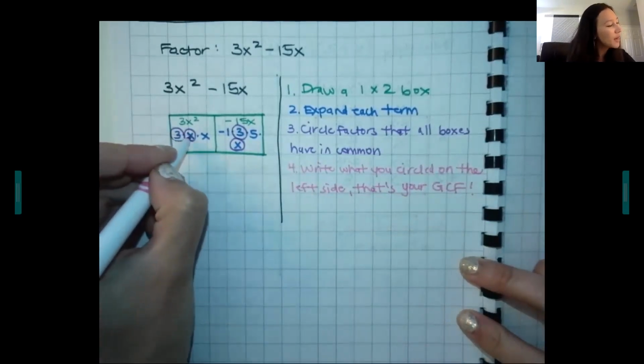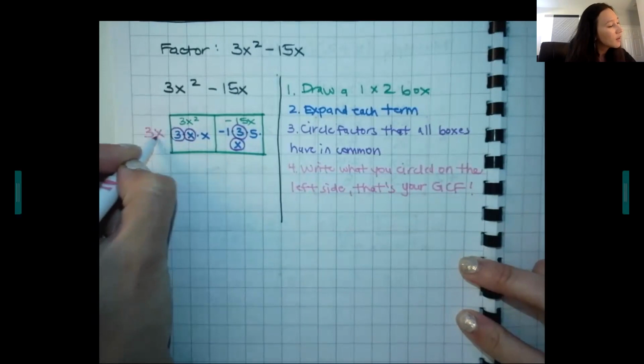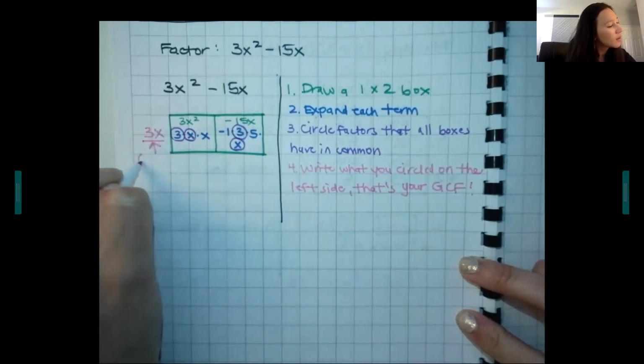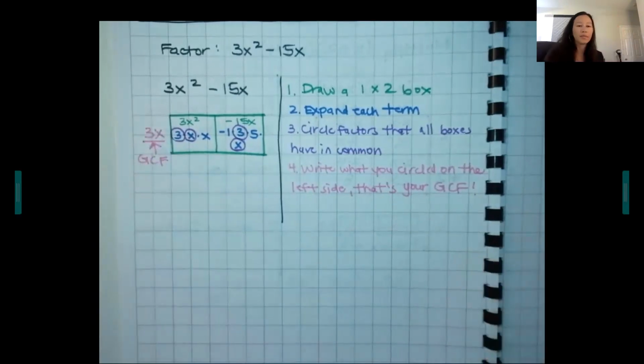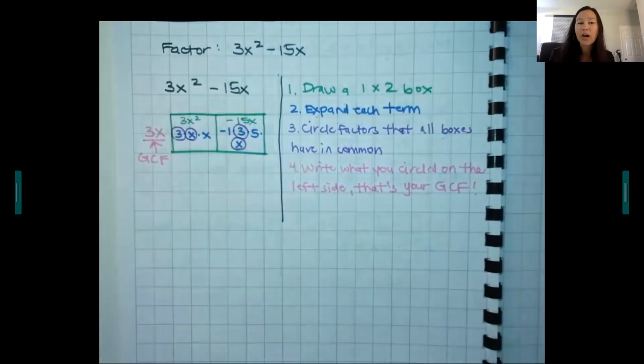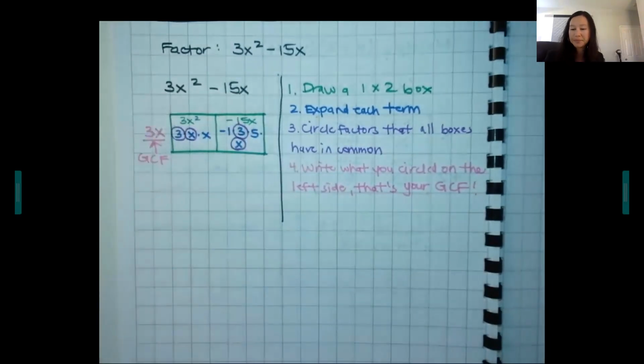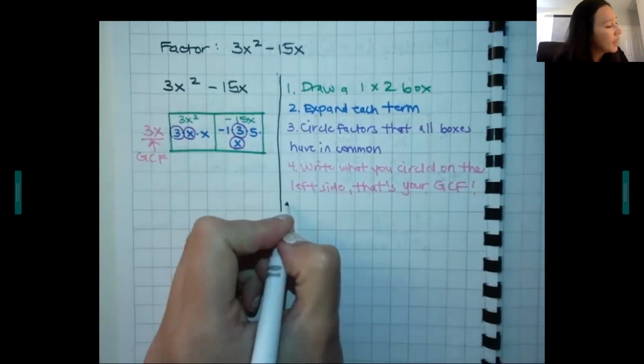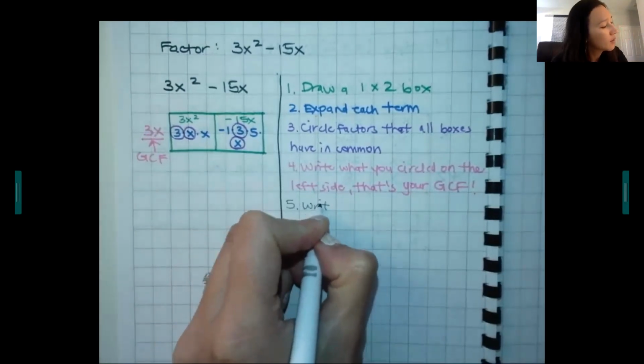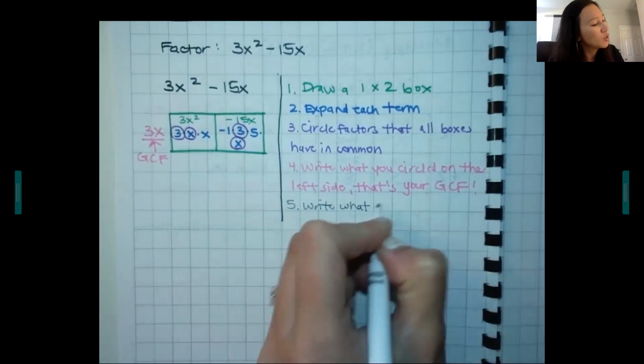So we have a 3 and an x. We just found the greatest common factor. So that's what everything has in common. So they have in common a 3 and an x. Then you're going to write what is left above each box.